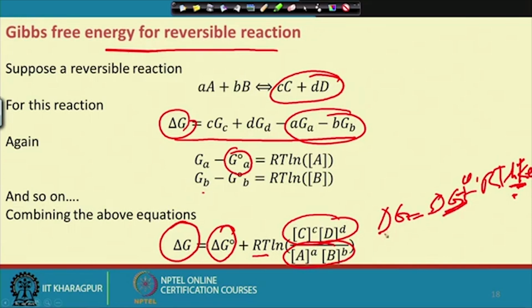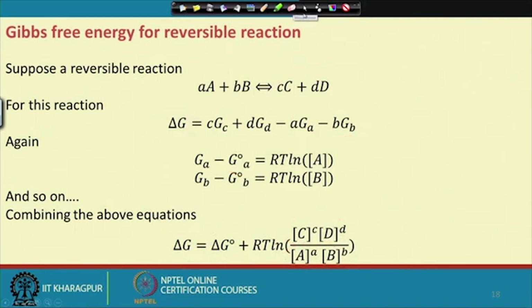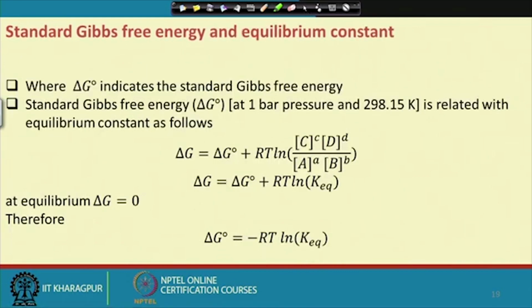So if we have a chemical reaction, we can easily calculate the value of K equilibrium, and we can find out to what extent the reaction takes place. This is one of the major purposes of the thermodynamics of a chemical reaction: it tells you to what extent the reaction takes place.